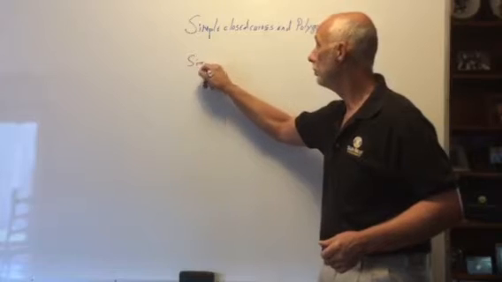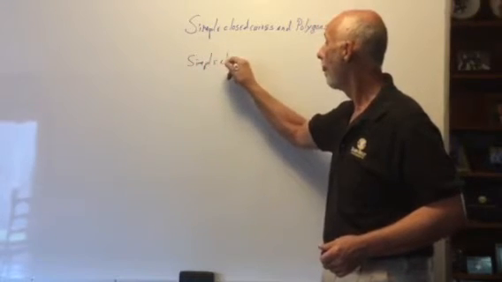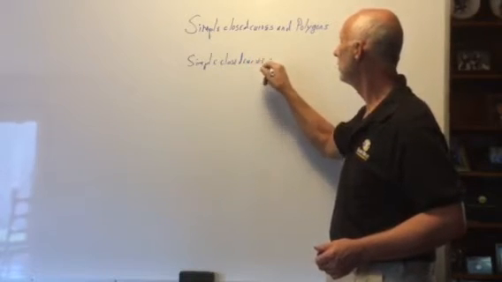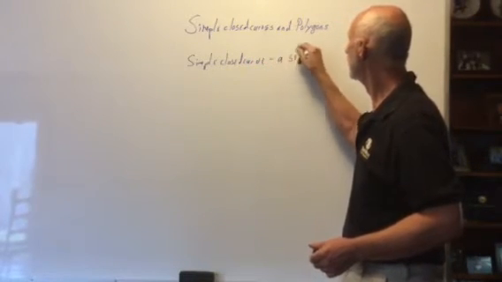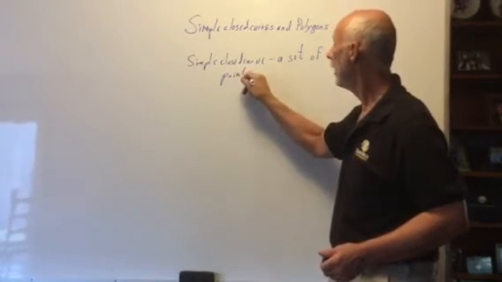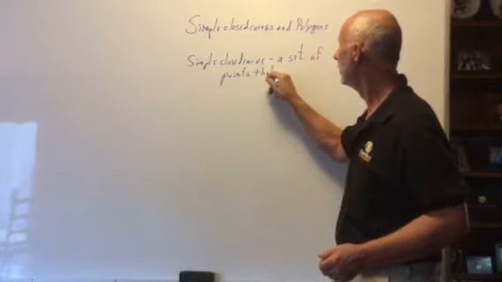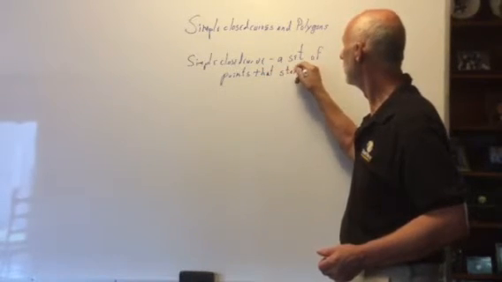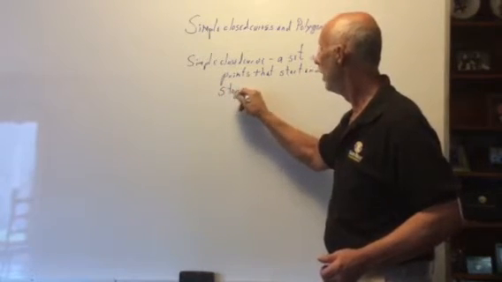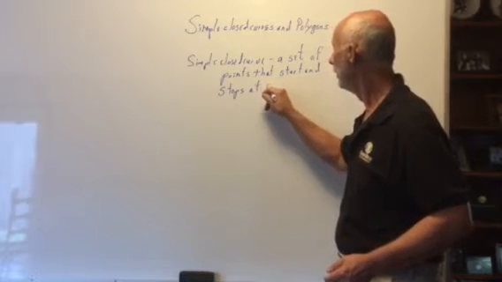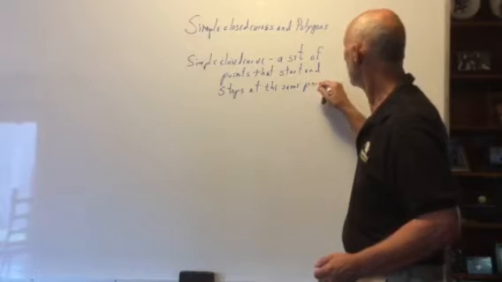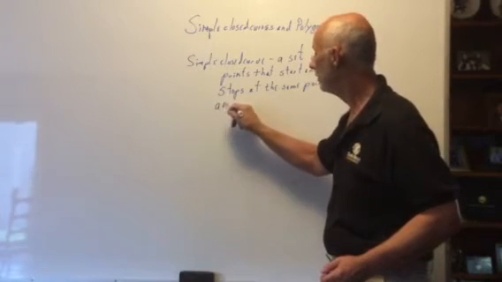Now, a simple closed curve is a set of points that starts and stops at the same point and never intersects.